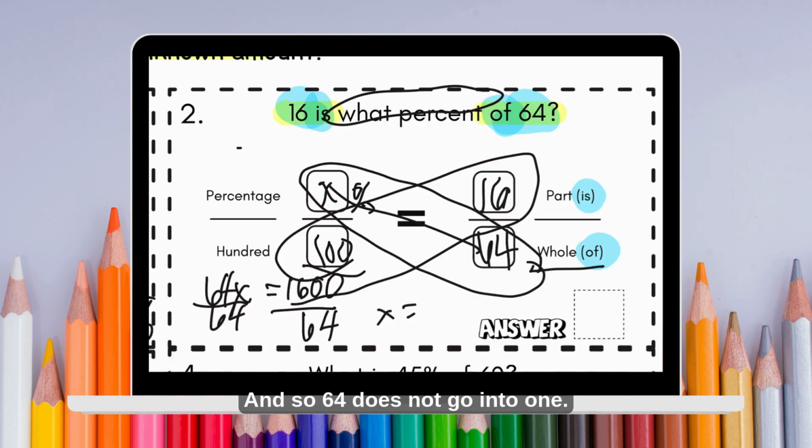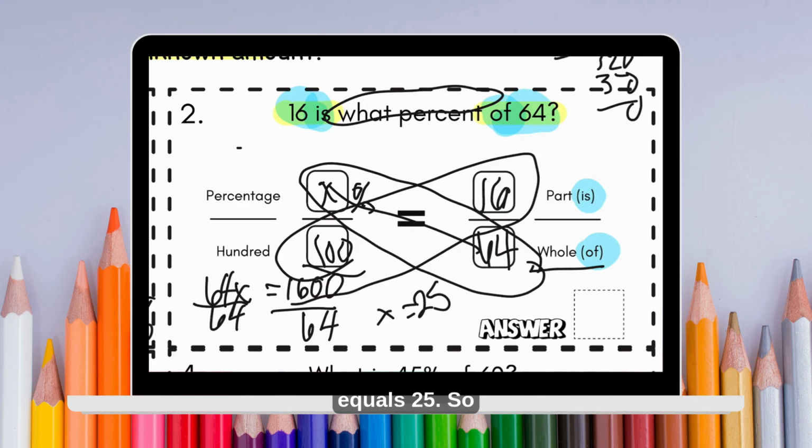So 64 does not go into 1, it does not go into 16, but it goes into 162 times. 2 times 4 is 8, and then 2 times 6 is 12. 160 minus 128 is 32. 64 doesn't fit into 32, so I drop in my 0. 64 goes into 320 5 times evenly. 5 times 4 is 20, carry the 2. 5 times 6 is 30, plus 2 is 32. So my answer, x equals 25.